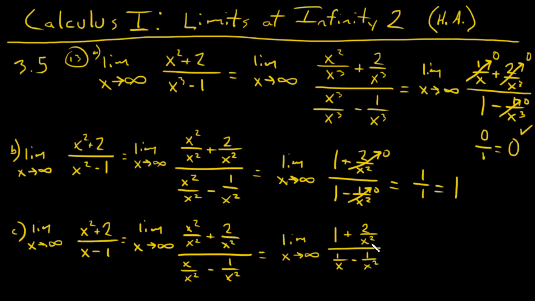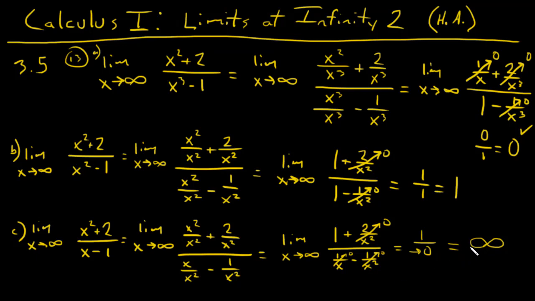Okay, so this one's a little bit different because when I take the limit, this is going to go to 0, this goes to 0, and this goes to 0. So I'm left with something kind of strange. I have 1 over something that is approaching 0 at the bottom. Well, if the top is a constant and the bottom is going to 0, that means the overall value is going to infinity.